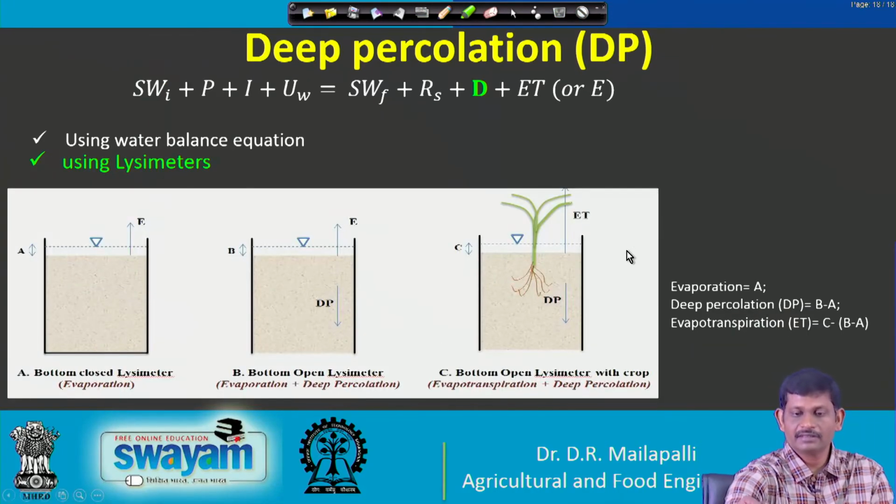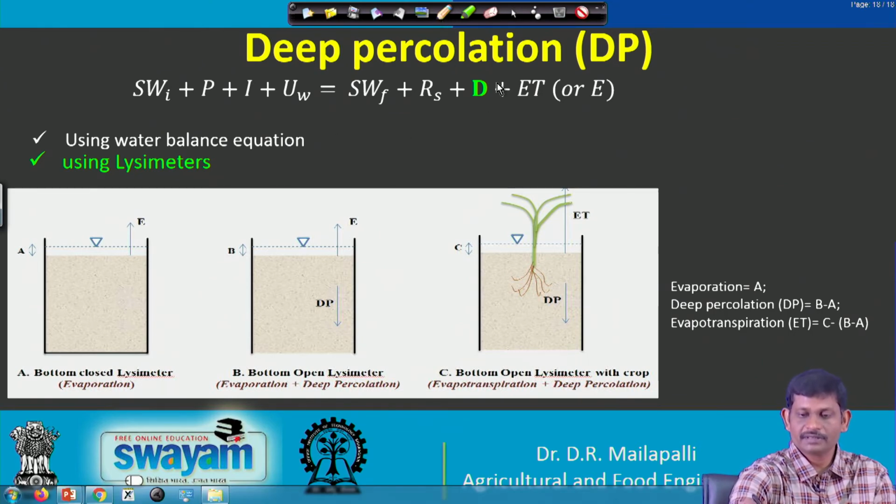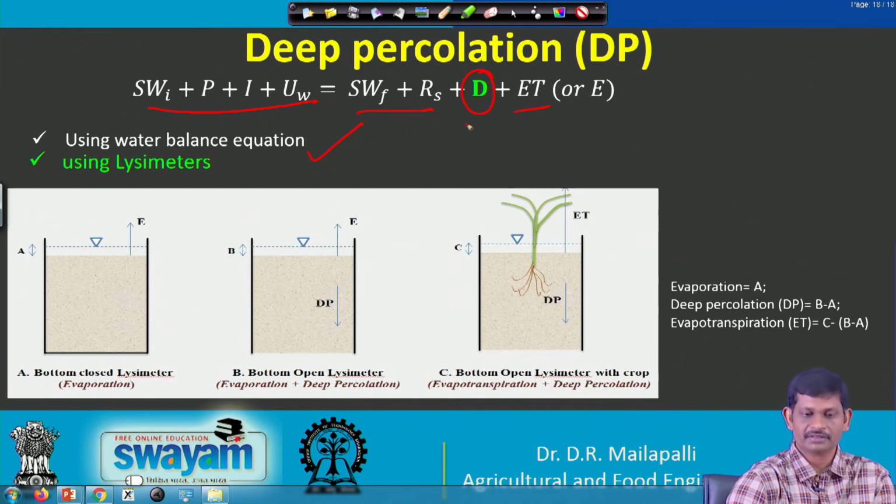And then the next component is deep percolation. In this equation, if you see, this is the deep percolation. You can also use the water balance equation, just like for evapotranspiration. Knowing the other components, you will be estimating deep percolation.